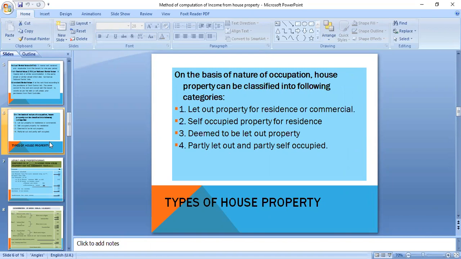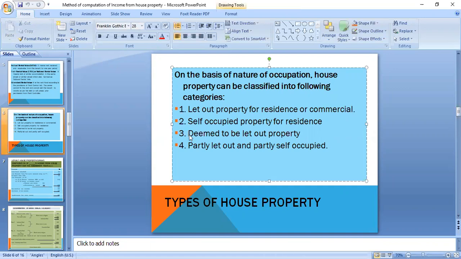Generally, the types of house properties are of four types. One is let out property, for residence or commercial. As we know, when you have a house, you might let it out for residence or for commercial purpose. Sometimes the same house might be occupied by yourself for your own residence. The third one is deemed to be let out property, where you might have let it out to someone else, like a spouse, a brother or someone else.